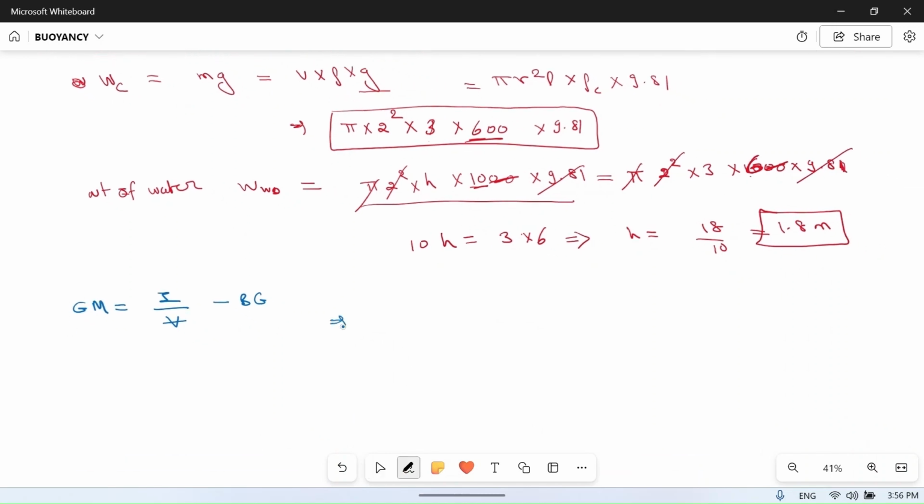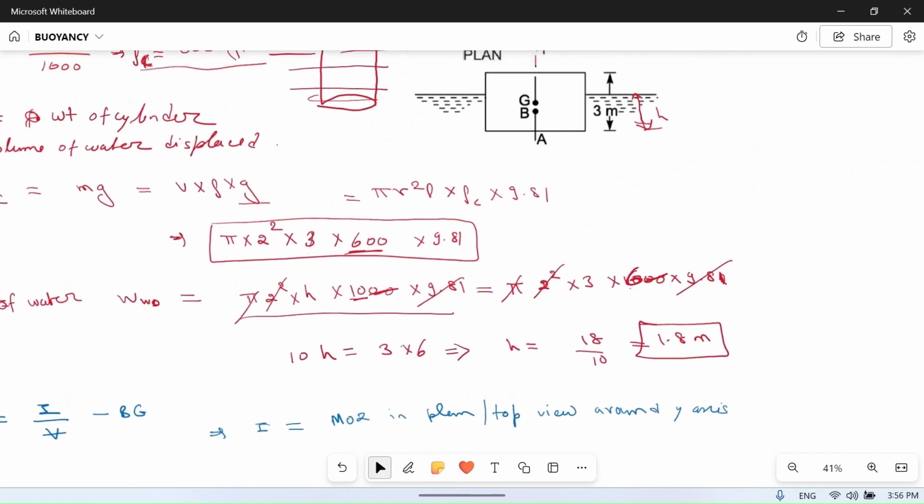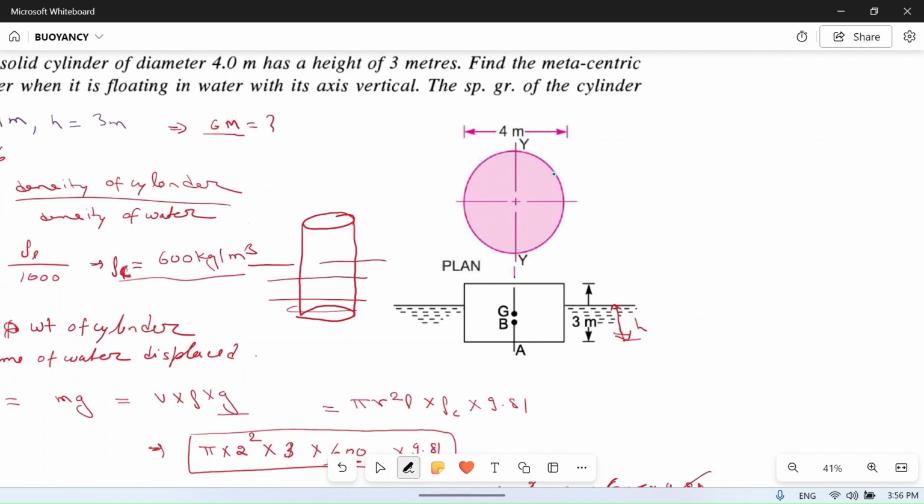So what is I? I is the moment of inertia in plan view or top view around the y-axis. So this is the plan view. In this we have to find moment of inertia around the y-axis, but in this case it doesn't matter because it is a circular shape.